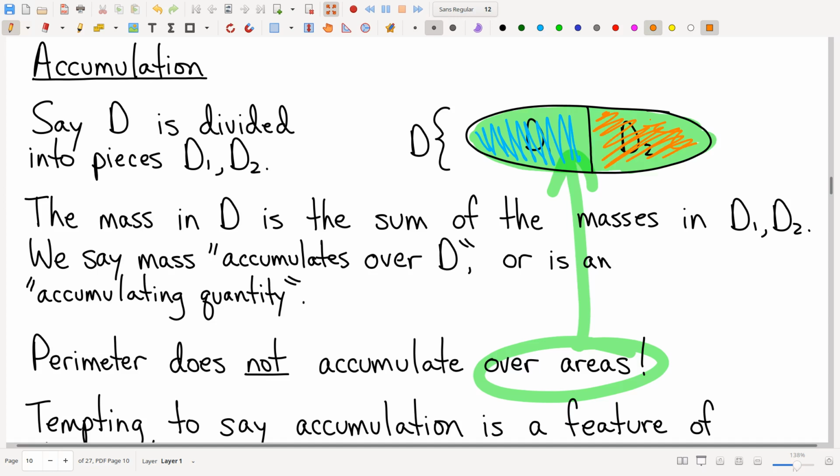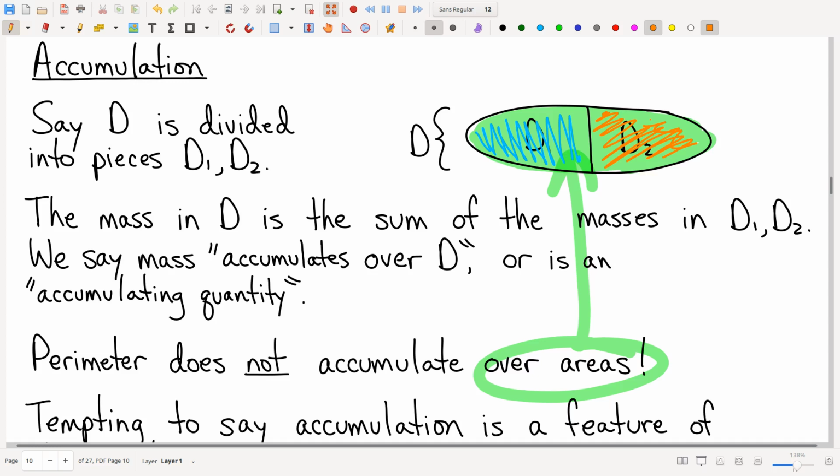All right, so the mass in the green is equal to the mass in the blue plus the mass in the orange, sure. But notice perimeter doesn't work. The perimeter of that green region is not the same as the perimeter of the blue plus the perimeter of the orange, is it? It's just not, right? There's this extra piece in here that gets counted twice. In fact, it's part of the perimeter of the blue thing, it's part of the perimeter of the orange thing. It's not part of the perimeter of the green thing at all.